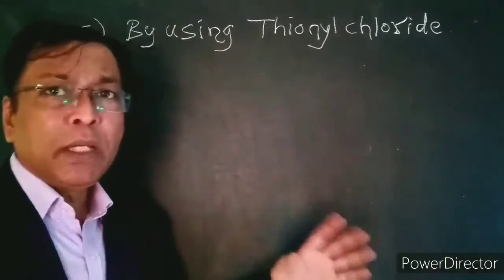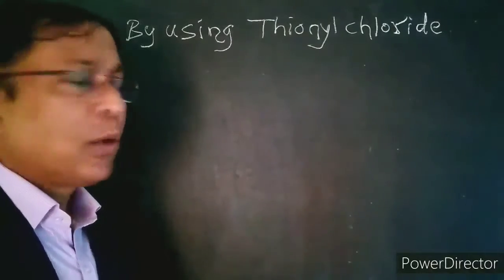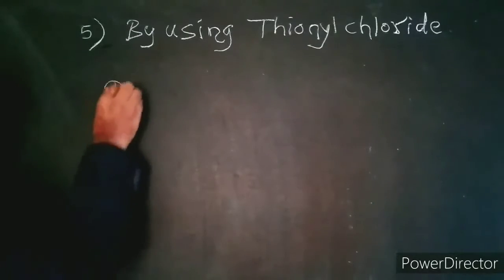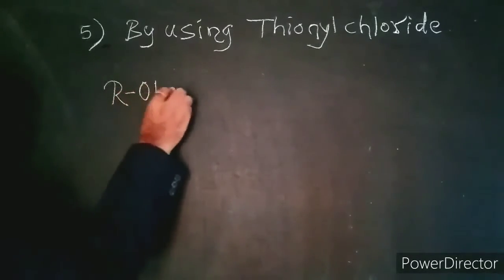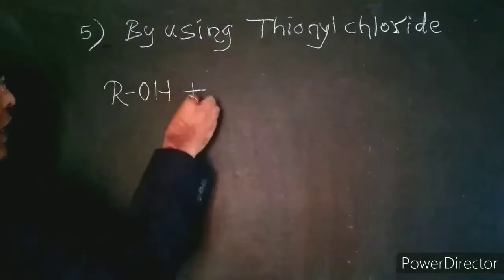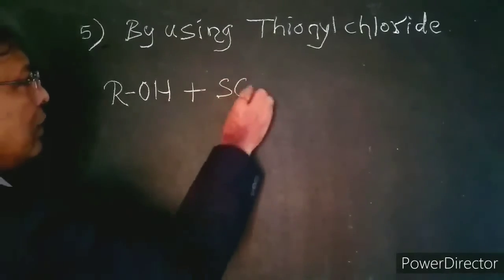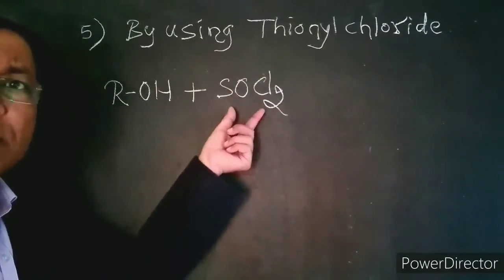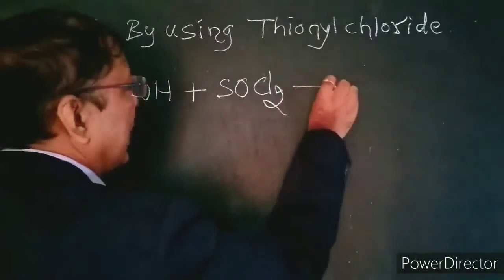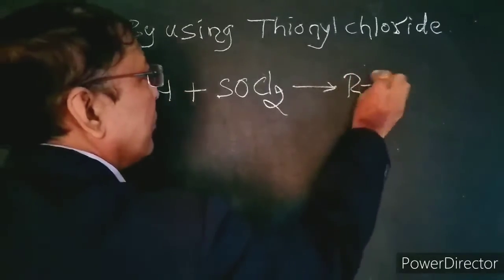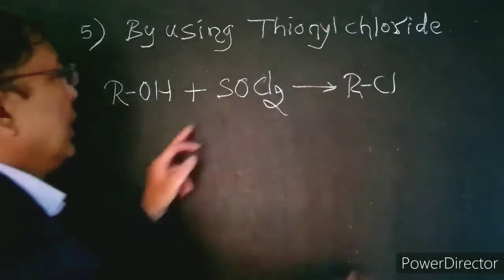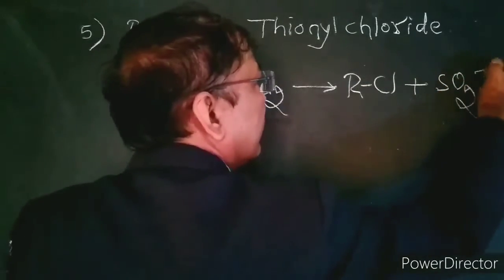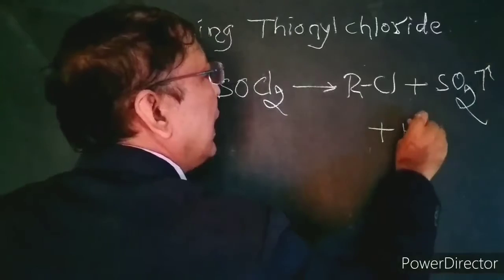The best method to prepare alkyl chloride from alcohol is by using thionyl chloride. Why is it the best method? I'll explain. When alcohols are reacted with thionyl chloride, SOCl2, we get alkyl chloride and sulfur dioxide gas plus HCl.